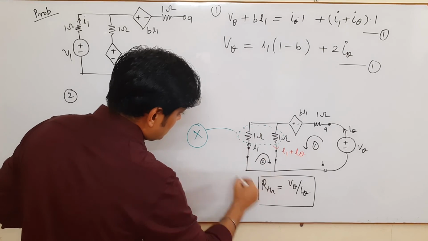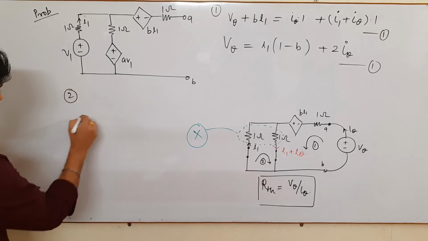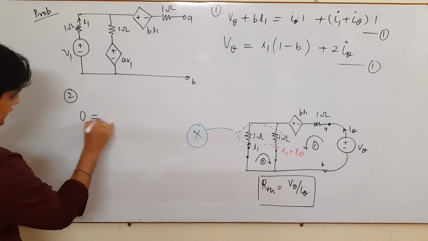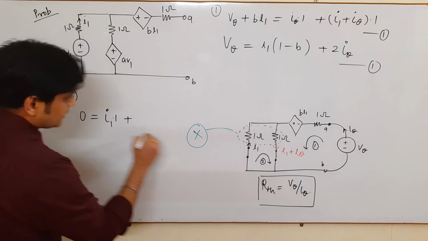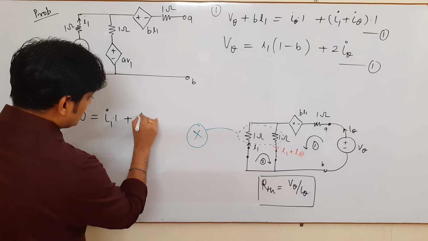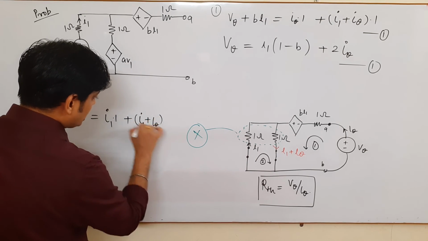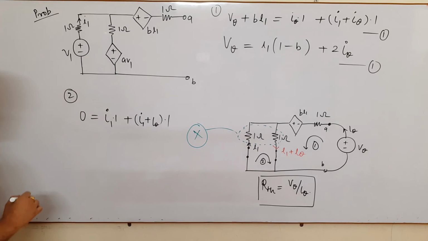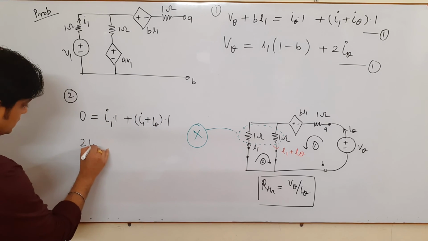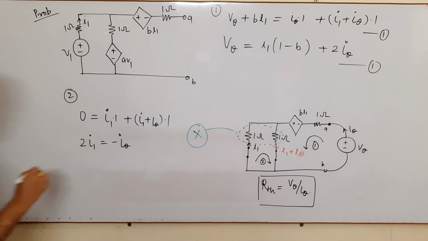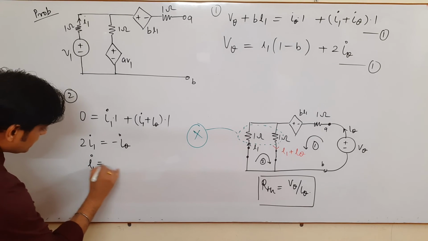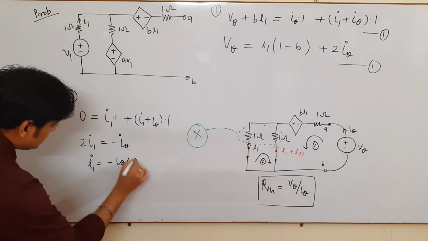Once we apply KVL here, there is no voltage source, so 0 should be equal to the current flowing in the 1 ohm resistance plus the current flowing in this resistance, that is I1 plus Iθ into 1 ohm. So you can say 2 I1 is equal to minus Iθ, and the value of I1 comes to be minus Iθ by 2.